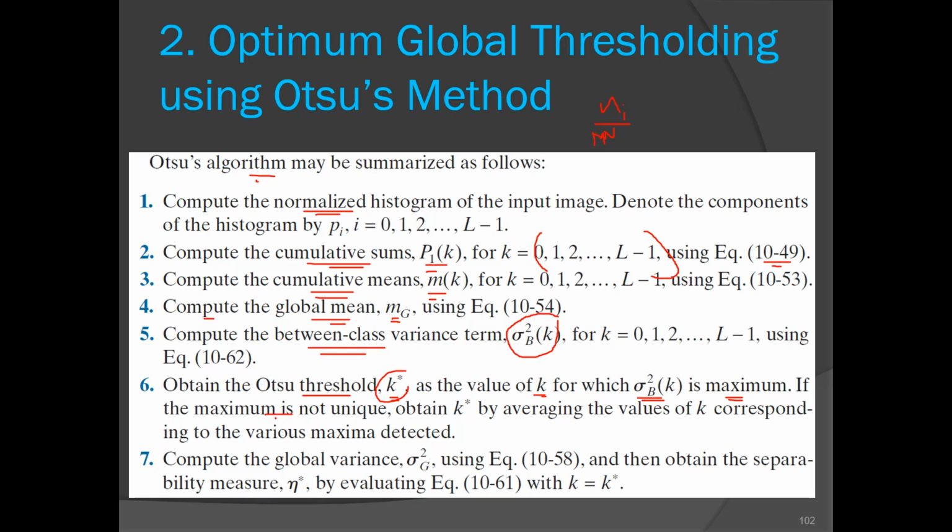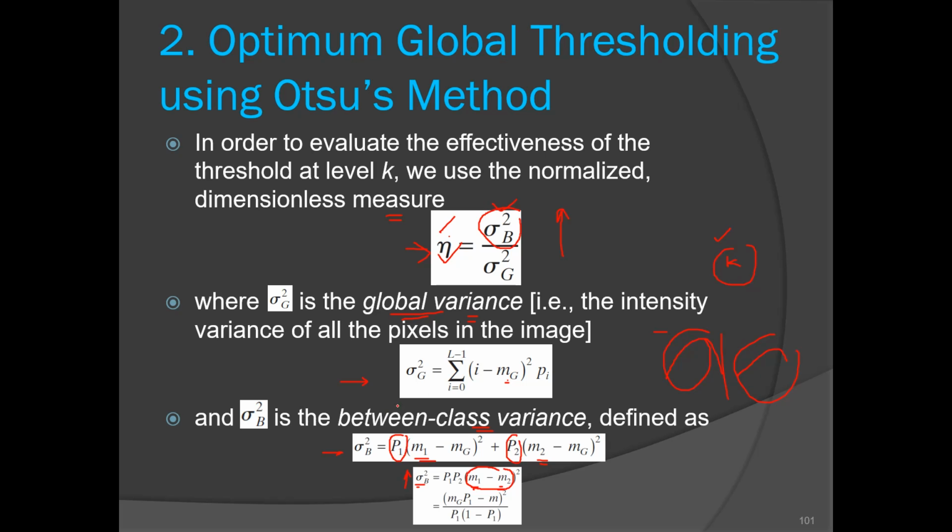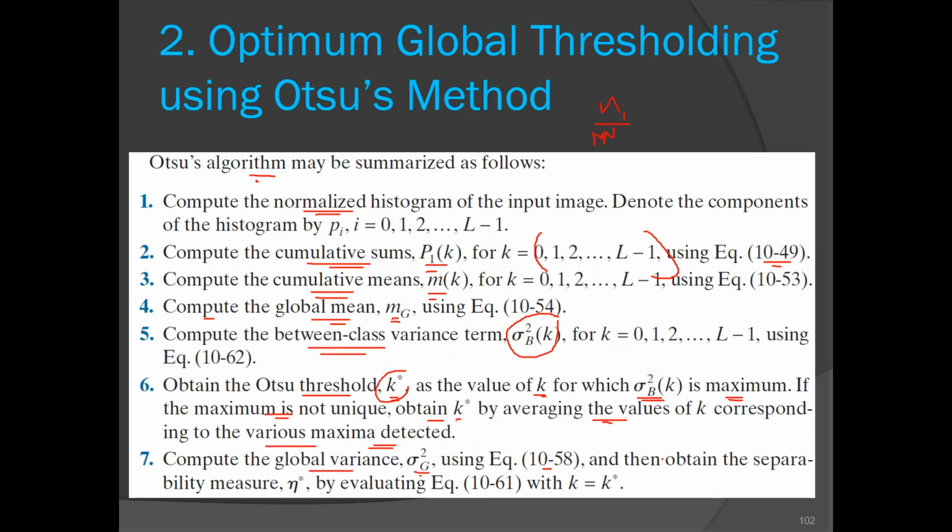If the maximum is not unique, obtain k star by averaging the values of k corresponding to the various maxima detected. If there are multiple k's having the same value, you take the average of them. Compute the global variance using the equation we just mentioned, and obtain the separability measure n star by evaluating this equation with this value.